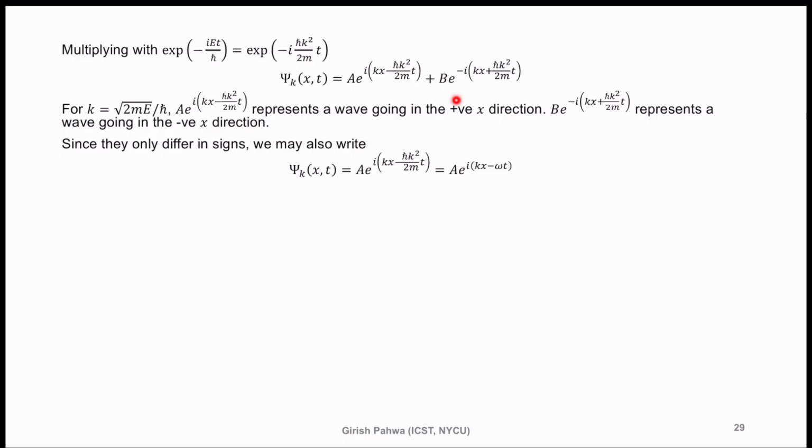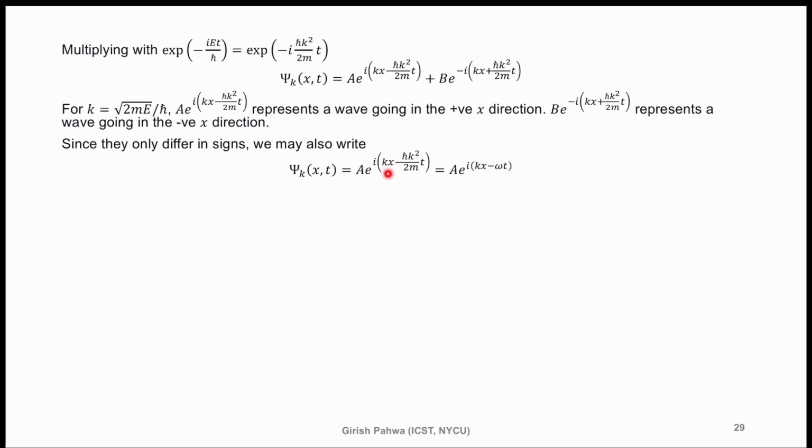But I could have simply obtained the solution as this: A e to the power iota (kx minus h bar k square by 2m into t), where I have allowed this k to vary from negative to positive. If I make this k negative, you can take the minus out, so that behaves like this.